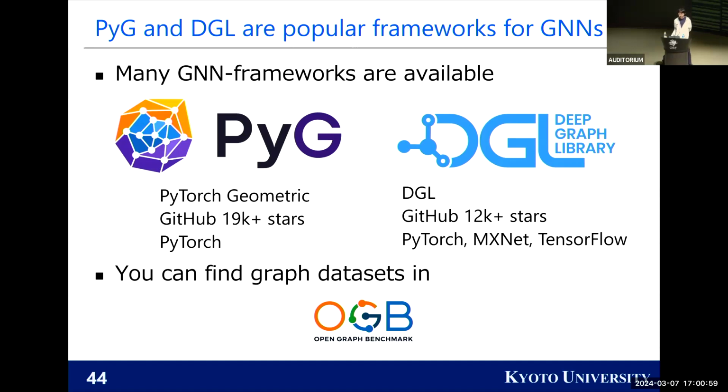You can also find graph datasets in the Open Graph Benchmark. If you want to try graph neural networks, you can find good benchmarks in it. The classic benchmark datasets like Cora, PubMed, and CiteSeer are also available in general frameworks like PyTorch Geometric and DGL.